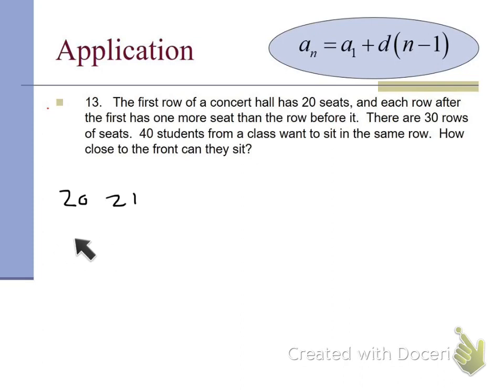Now this is your first row. How many students are in this class? 40. See, this information here is like in your way. 40 students for class. So 40 students. So what row do we have to sit in for all 40 to sit in the same row? 41. Did you say 40? No, I said how many.